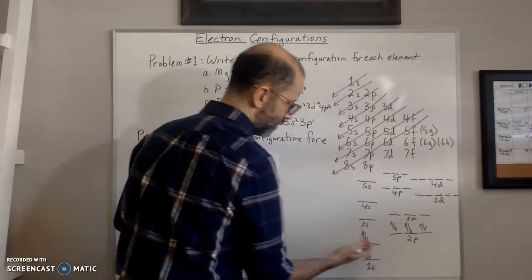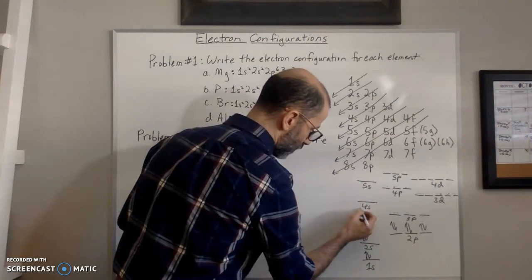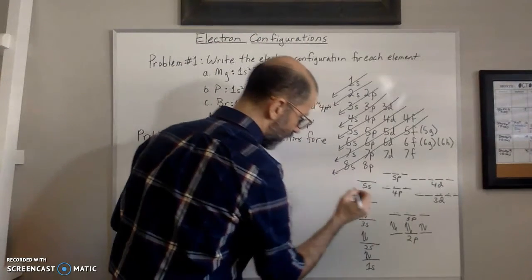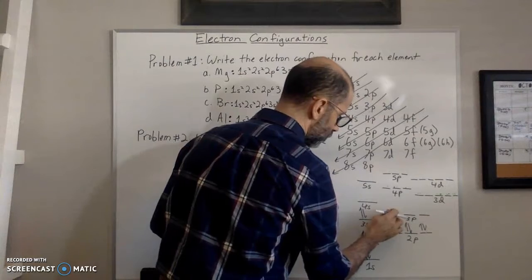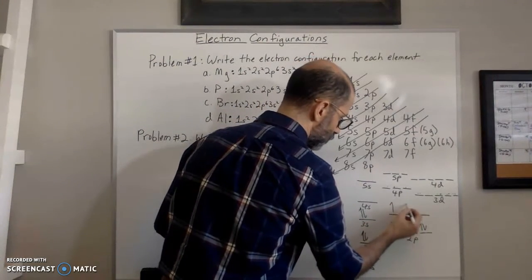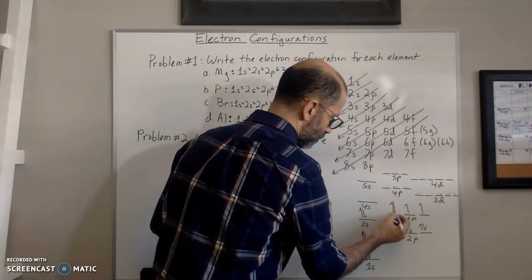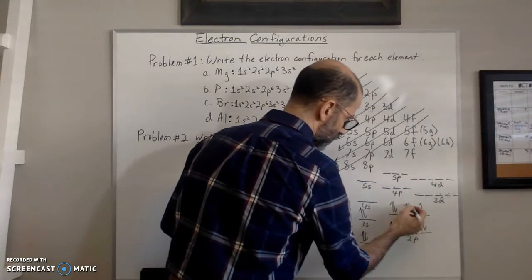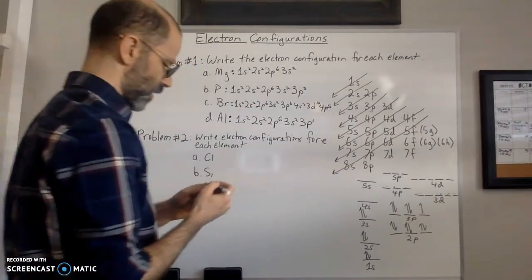So now we have 10. We have 7 more to go. So we're going to go to the next one, spin up, spin down. That's 12. 5 more to go. And then we're going to do spin up 1, spin up 2, spin up 3, pairing up, spin down, pairing up, that's 5. So that's 17 electrons.